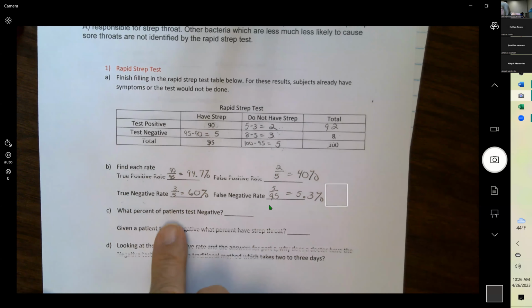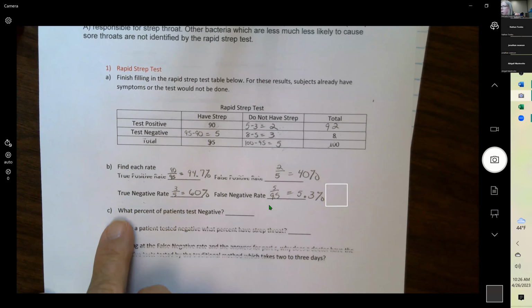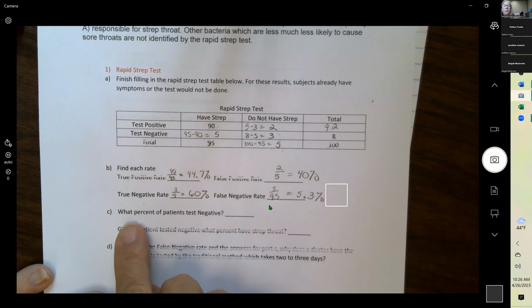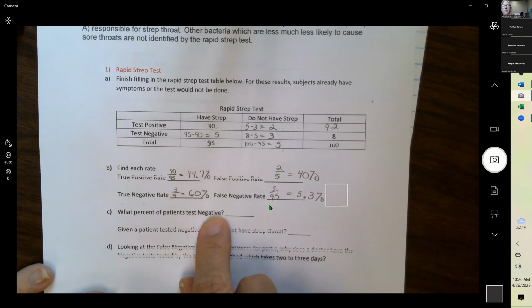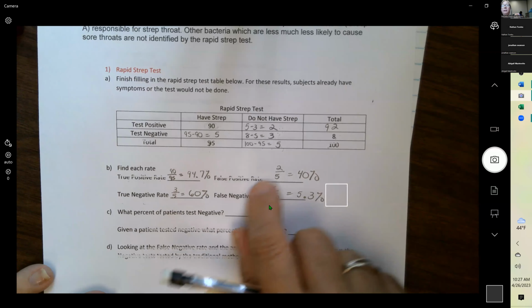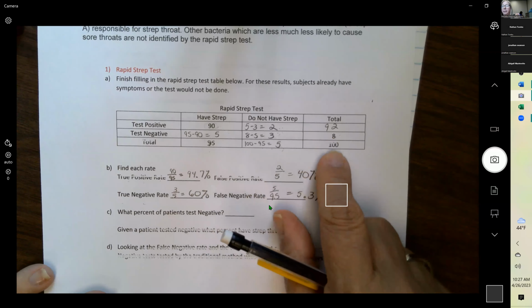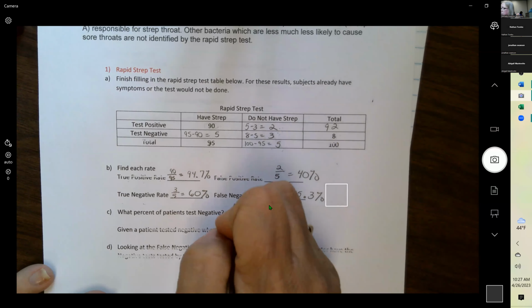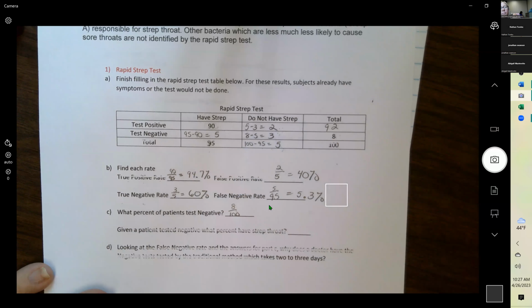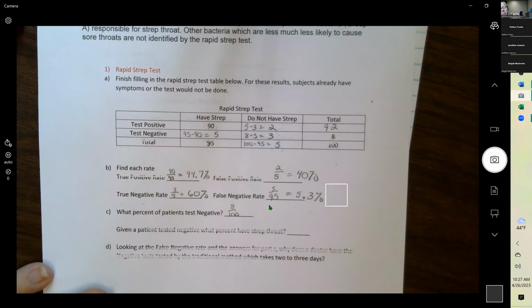What percent of patients test negative? So this is all of the patients. It didn't specify anything was given. So it's the total. What percent of patients test negative? So find out how many tested negative, 8, and divide by the 100. Any questions?